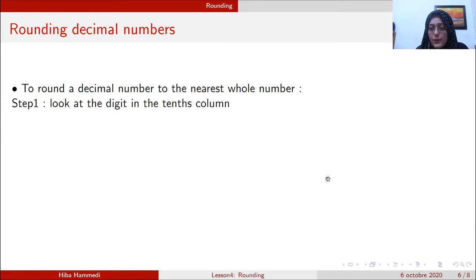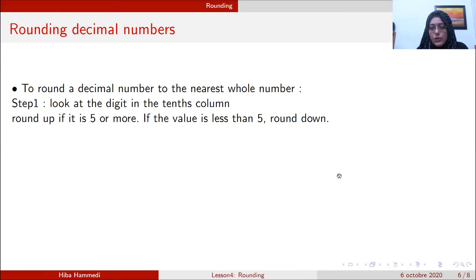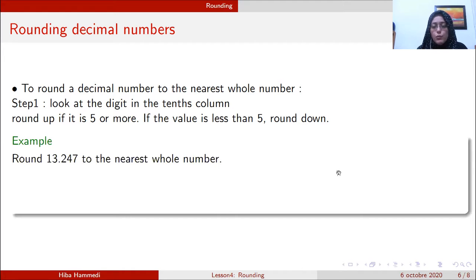Well, first thing you need to do is to look at the tenths column and check that value and compare it to 5. If it is 5 or more, you need to round up. If it is less than 5, you round it down, right? So let's take an example. I have 13.245. So what is the value of the tenths? The value for the tenths is 2, right?